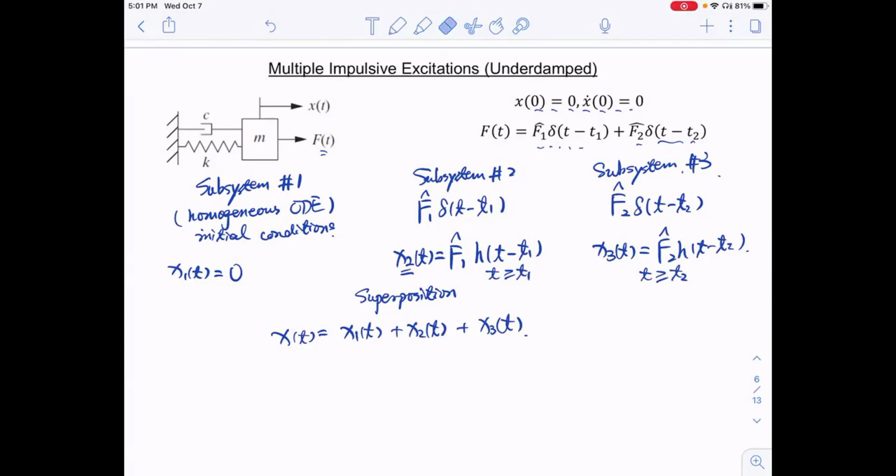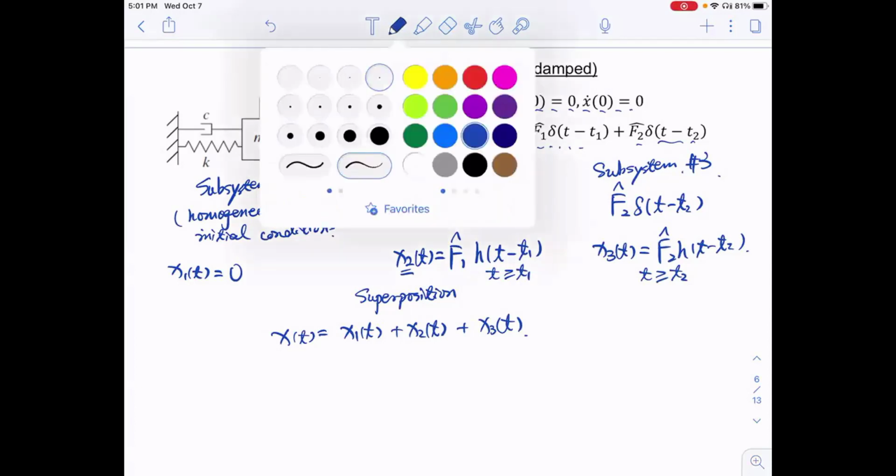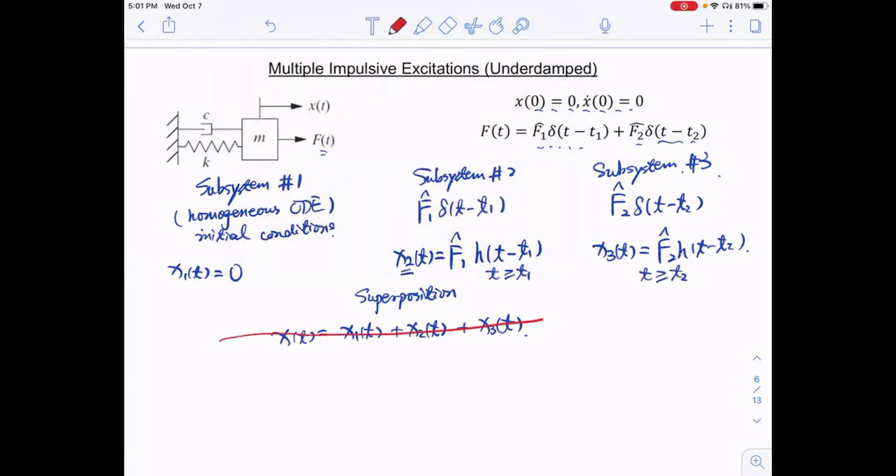So that's why you have to write your equation piecewise.